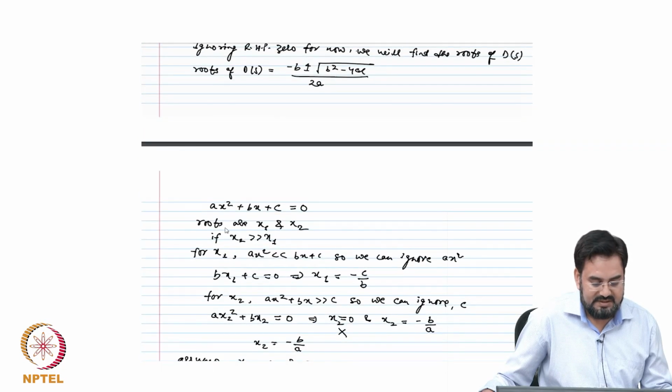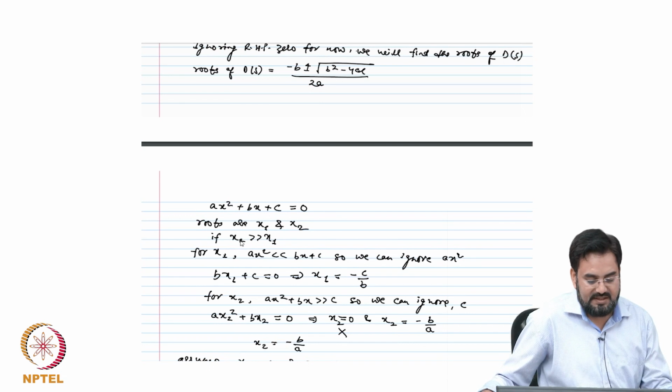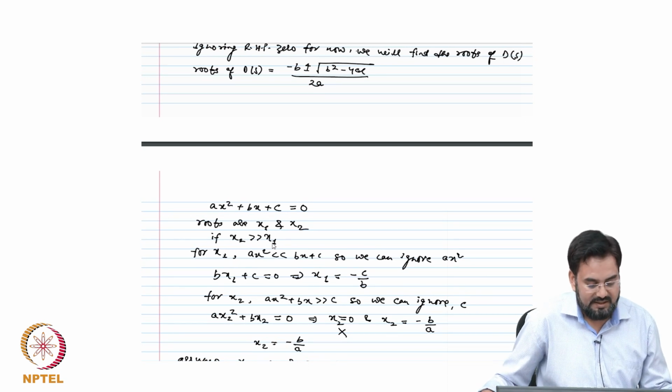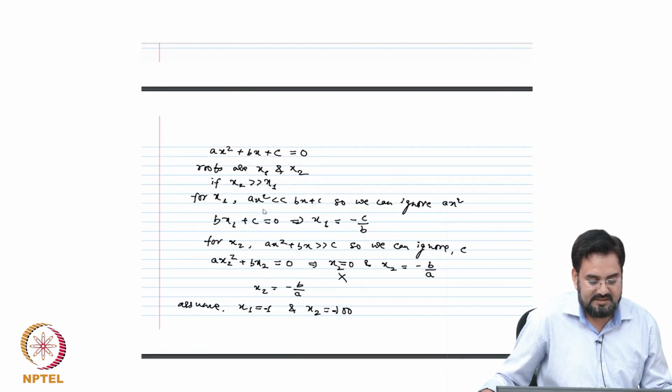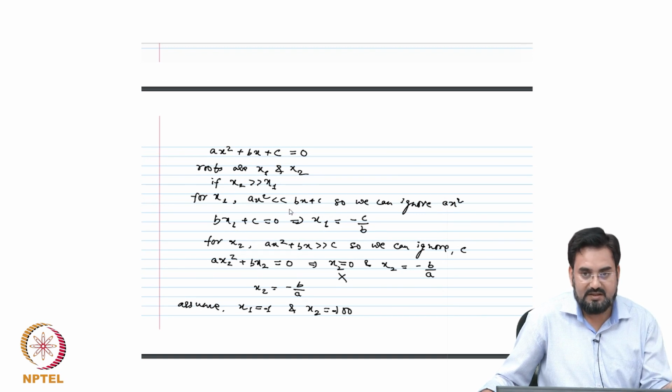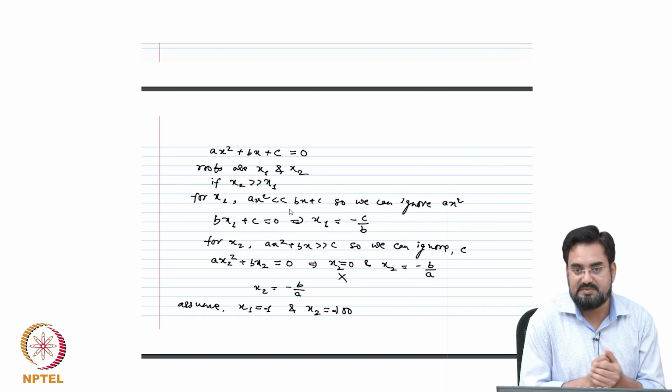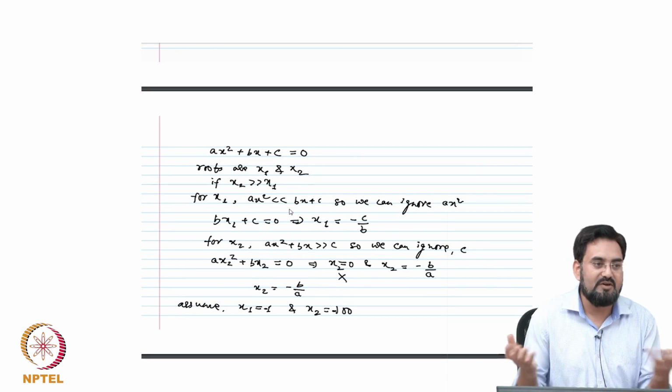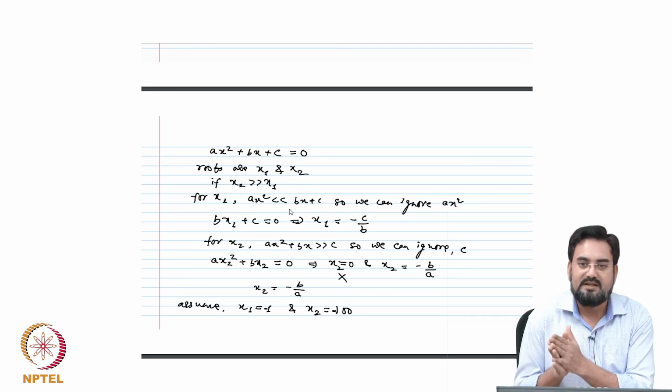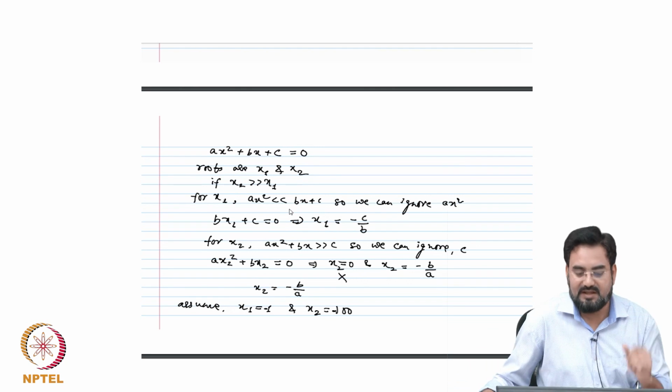So, for this if roots are x 1 and x 2 and x 2 is much larger than x 1, then if you want to calculate x 1, x 1 is much smaller, so the square term of that will go away. So, you will get only a linear equation, and from there you can calculate x.